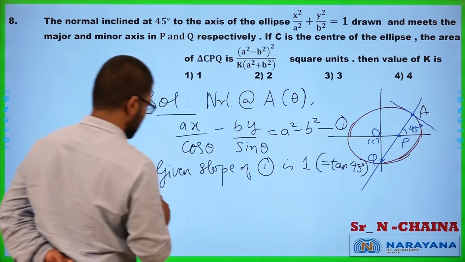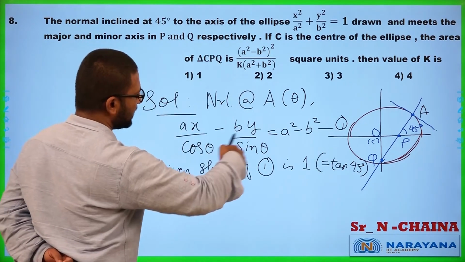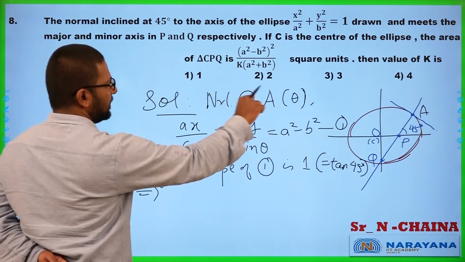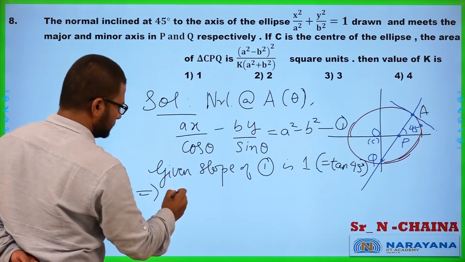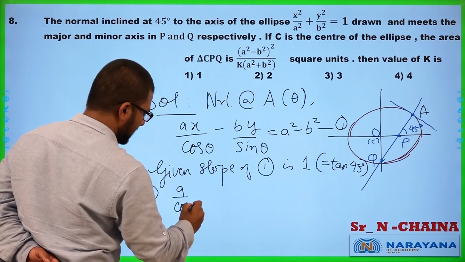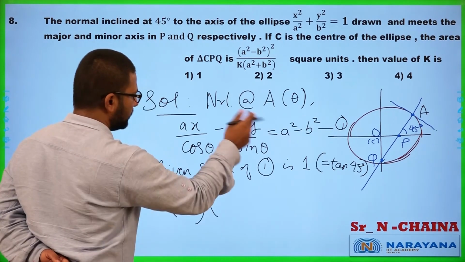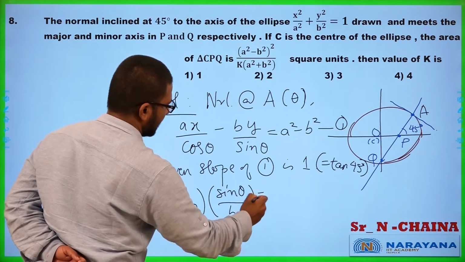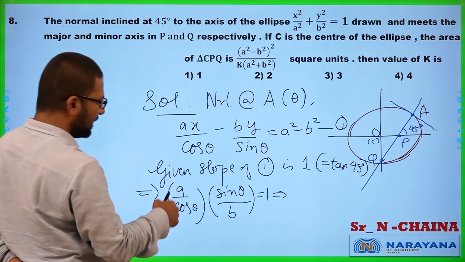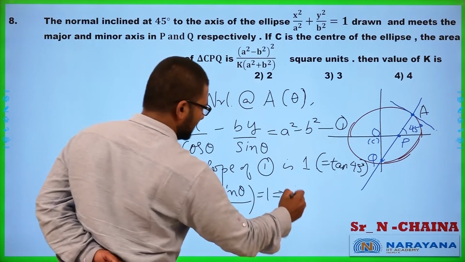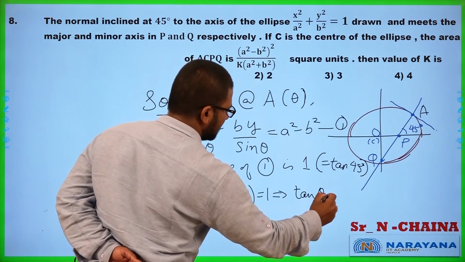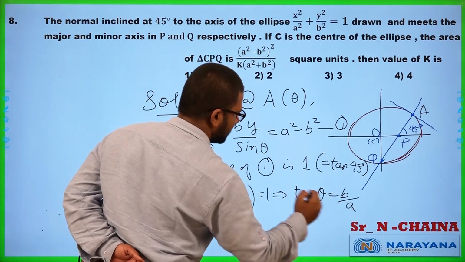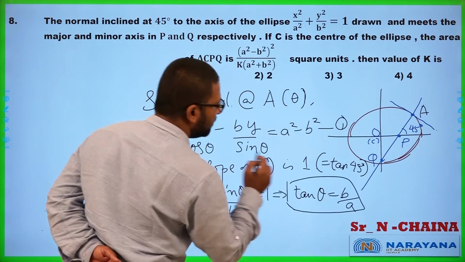Now if its slope is 1, observe very carefully. Take that on the other side, bring it here. So A by cos theta into sin theta by B equal to 1, which means A by B tan theta is 1, which means tan theta is B by A. Correct? Tan theta is B by A.